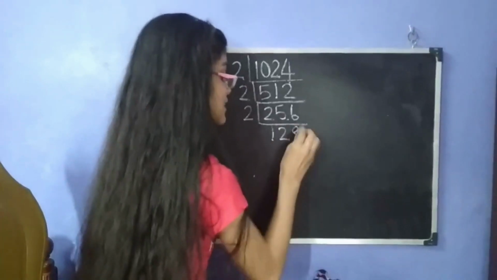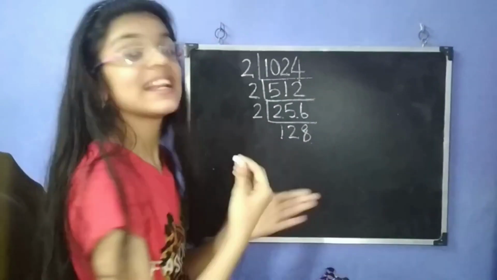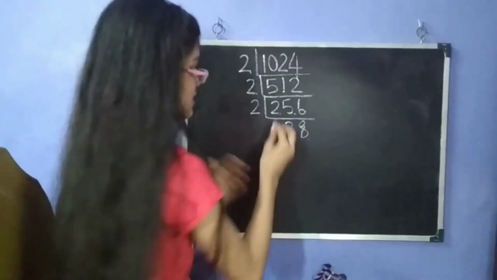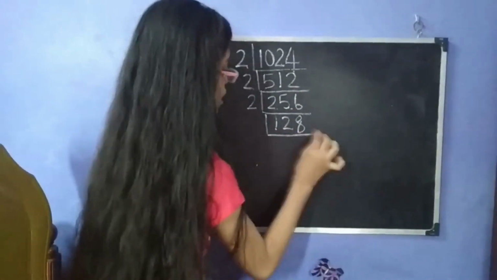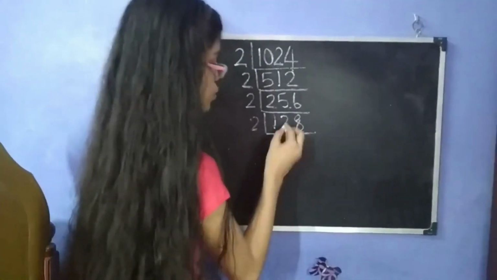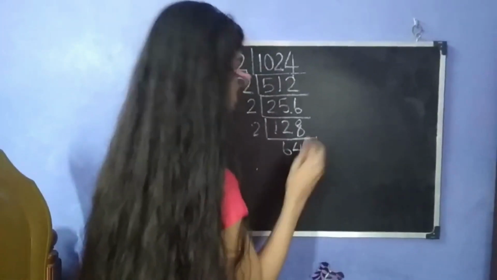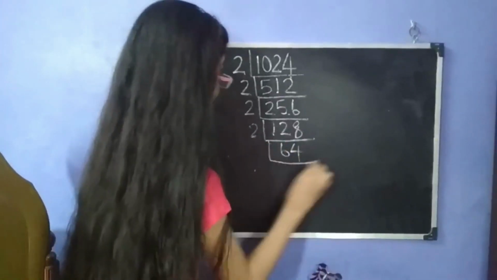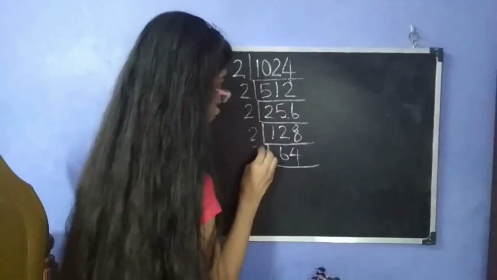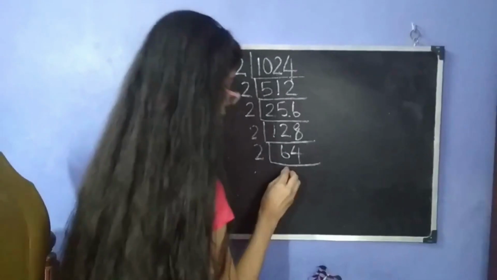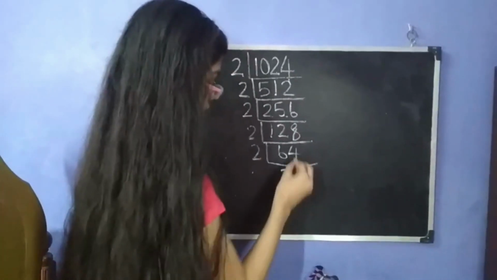And that's 8. Now 8 again can be divisible by 2 because 8 is in the 2 times table. So I'm going to put 2. 1, we can't do it, so we're going to take 12. So it's going to be 64. Then again, we can divide it by 2 because 4 is at the end. So that's going to become a 32.